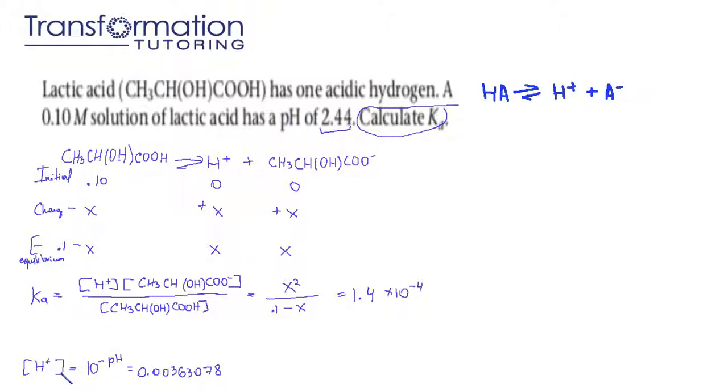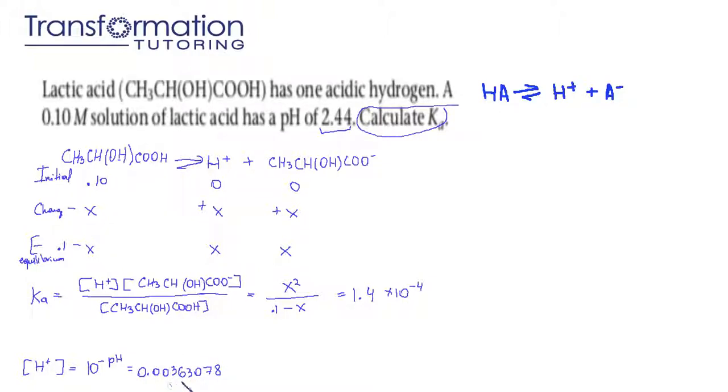Well, pH is related to H plus or H3O plus. The concentration of H plus is equal to 10 to the negative pH. And if we plug it into our calculator, we get 0.00363078 as our concentration of H plus, and that is our equilibrium concentration.